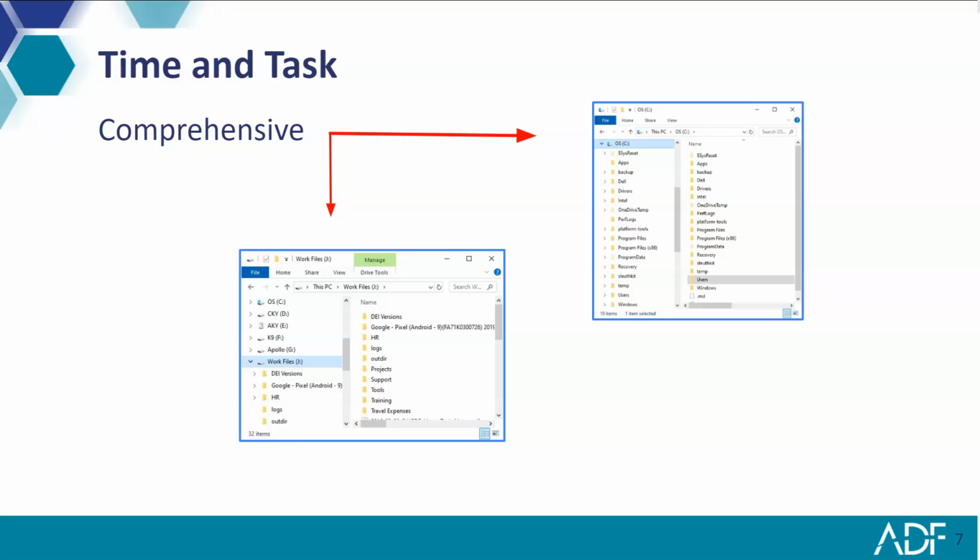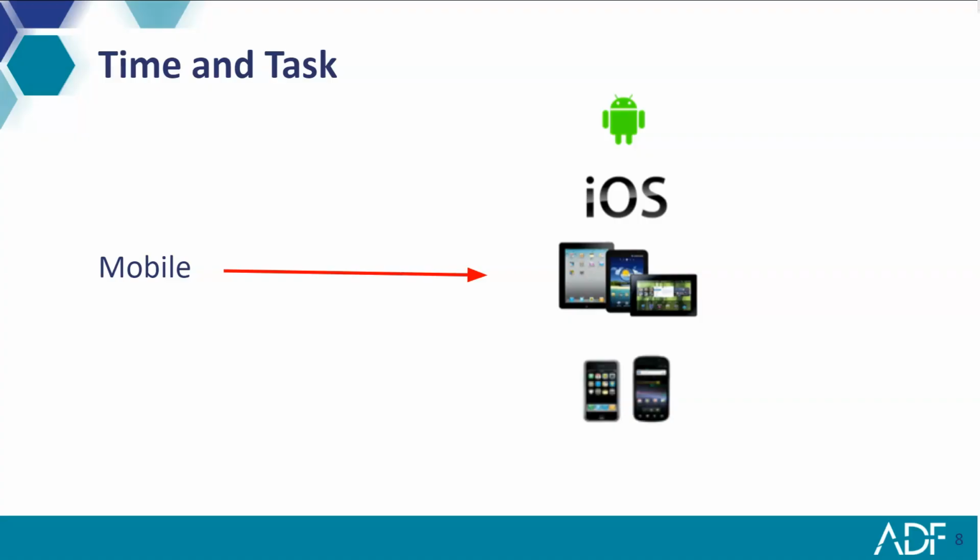Comprehensive scans target the entire file system and are configured for operating system drives. However, they will also work on a non-operating system drive, as it is designed to scan the entire file system. Mobile search profiles are designed to scan logical iOS and Android operating systems. Scanning mobile and computer devices at the same time would require that a customized profile be created.